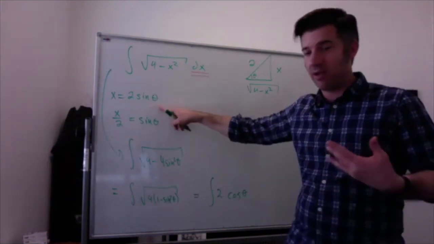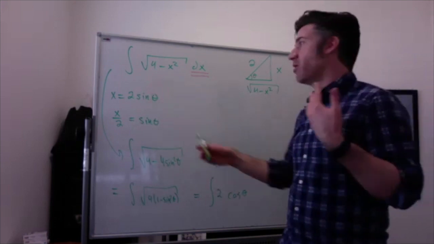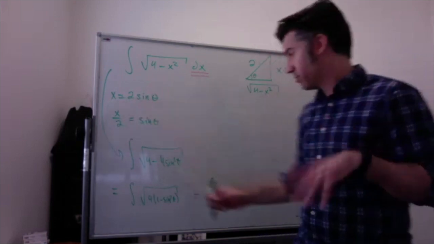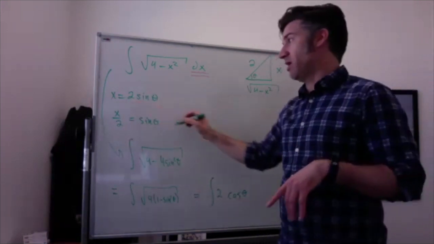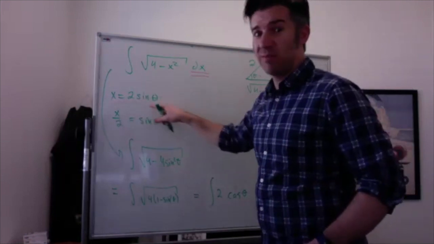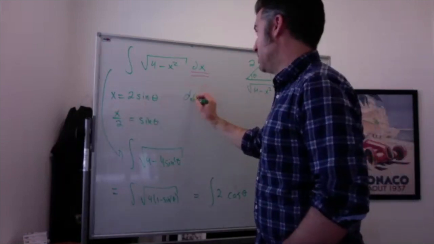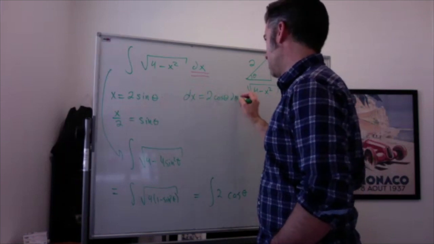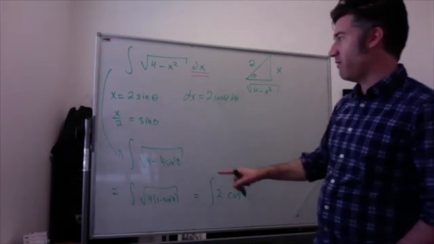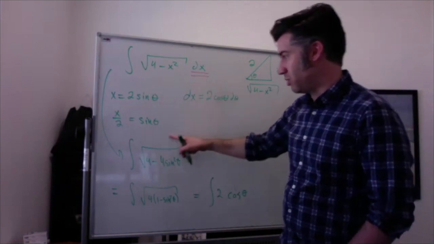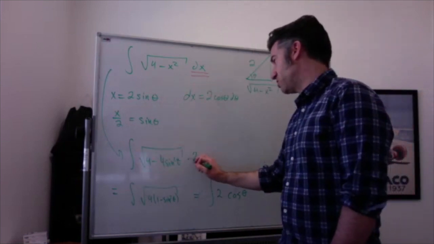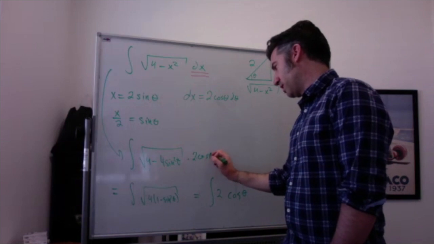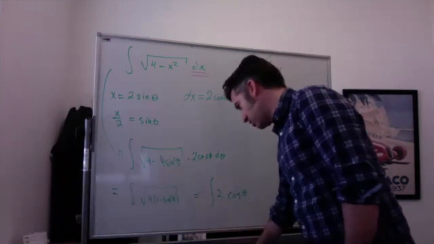You say sine of theta or sine of t or sine of any other variable other than what you're already using. So x is 2 sine theta, and differentiating both sides, dx is 2 cosine theta d theta. So what I should actually have here, in addition to this part, is I should also have a 2 cosine theta d theta.